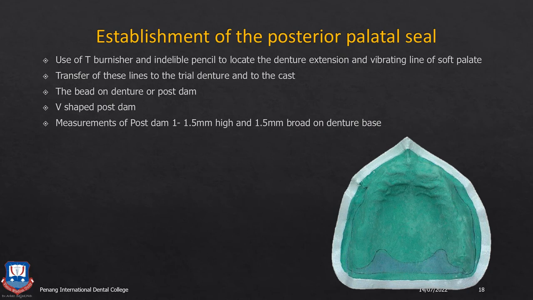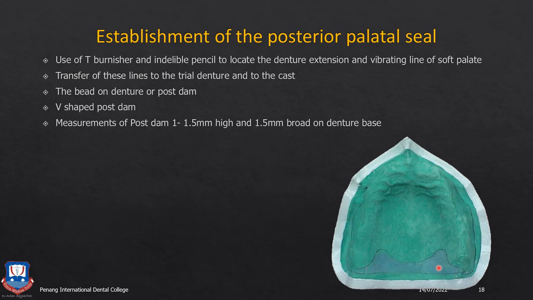Next, after the horizontal and vertical jaw relationship record verification, you should also check the post-dam area. This is very important. The post-dam area, usually you will check and verify at the time of the secondary impression. Using a T-burnisher, you will palpate the posterior palatal seal post-dam area, and you will identify the anterior vibrating line, the posterior vibrating line, and the palpable soft tissues of the hard and the soft palate in this area.